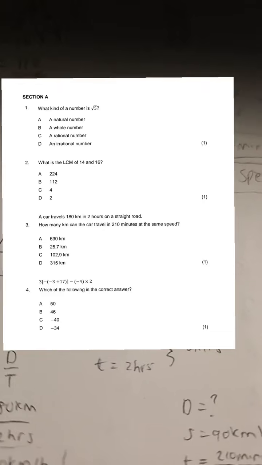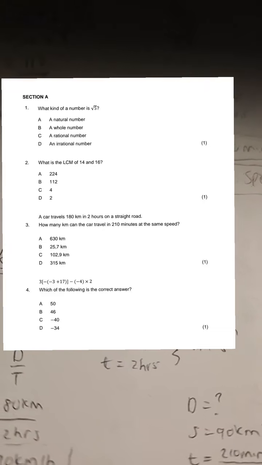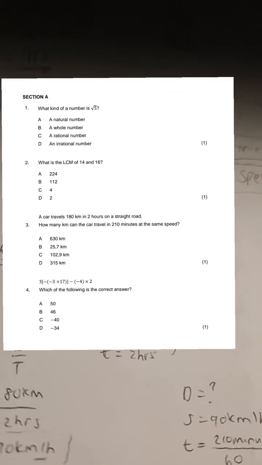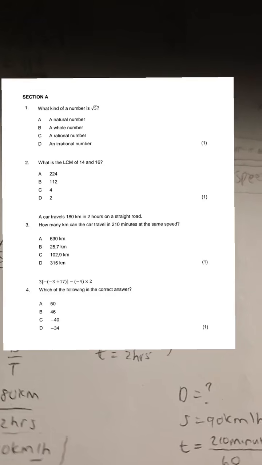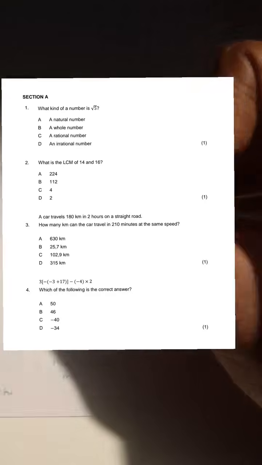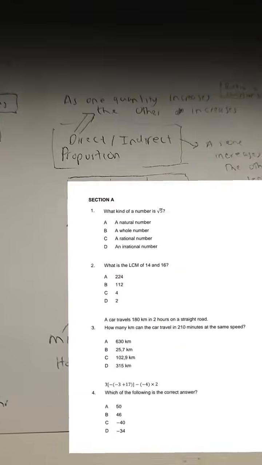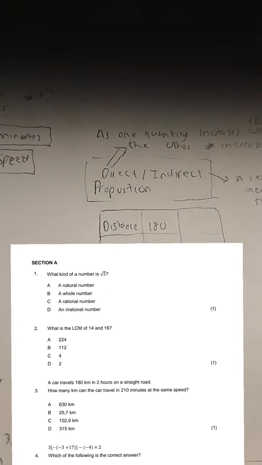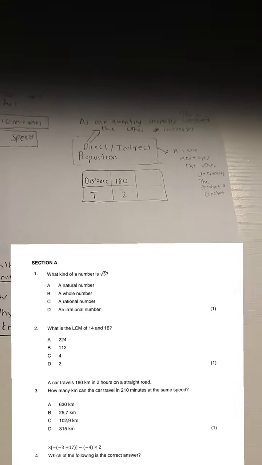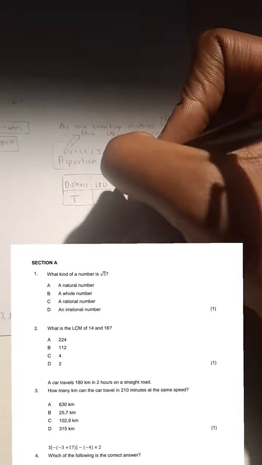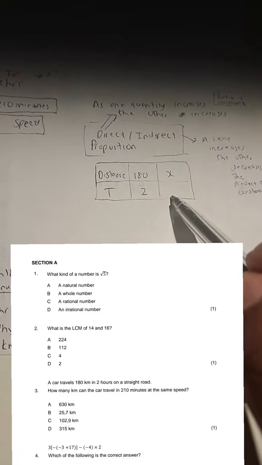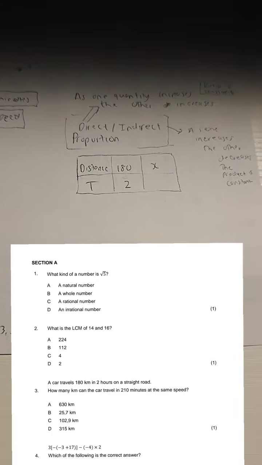So if we look at the same question again, it says a car travels 180 kilometers. We are comparing two things here, distance and time. The car travels 180 kilometers in 2 hours. Then they're asking how many kilometers will the same car travel in 210 minutes.